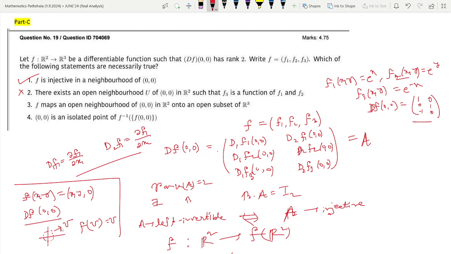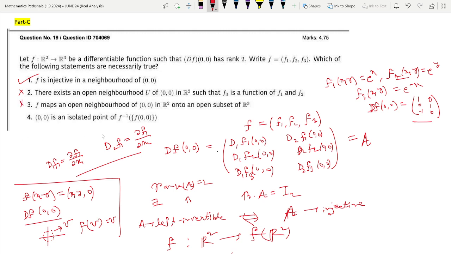This is very easy to see. So there is an open set U of (0,0) such that the image of U is not an open set of R3. So option 3 is not the correct option.